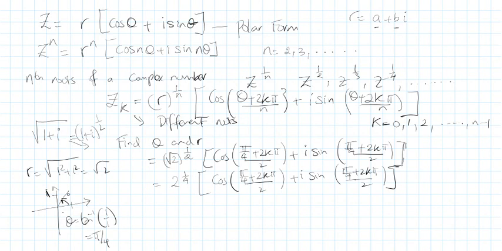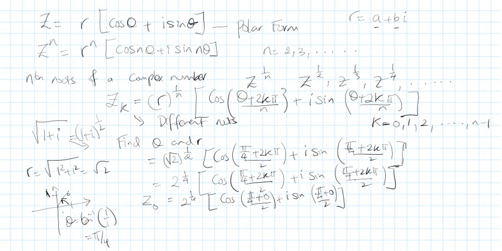To get the first answer, we replace k by 0. So the first solution, z0, will be 2 to the power 1/4, open bracket, cos of pi over 4 plus 2 times 0 times pi, which will just be 0, divided by 2, and i sine, same thing, pi over 4 plus 0 divided by 2.